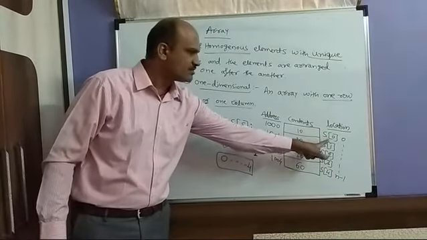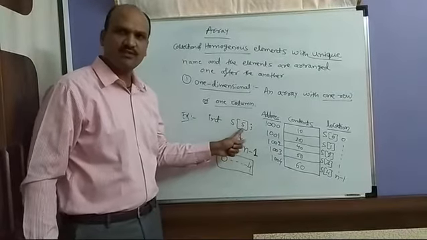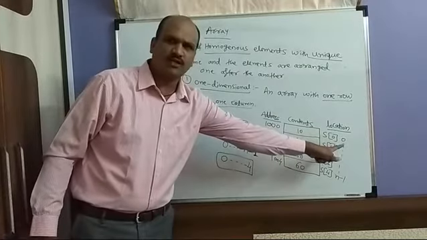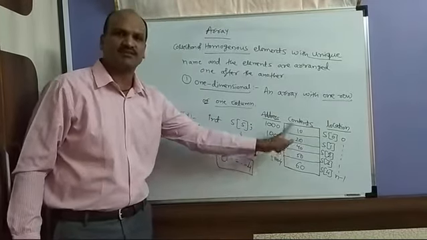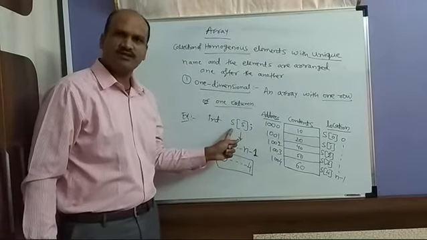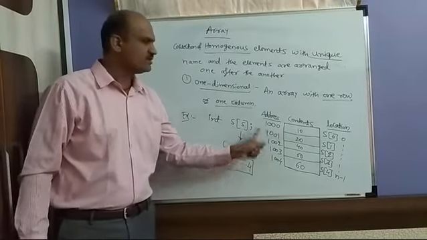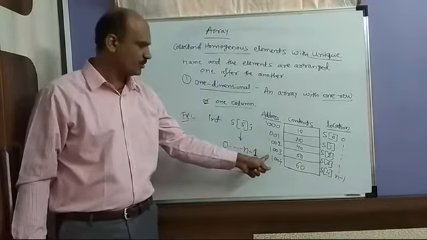We took S0, S1, S2, S3, S4 because 5 is the size, which is fixed. Then 0 to n minus 1, that is 0 to 4. These are the contents, meaning the elements present in the array. Then these are the addresses. These addresses are not constant; the address will change because it comes from the memory location.